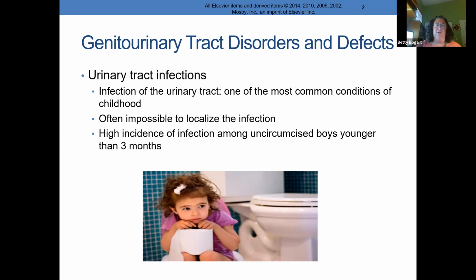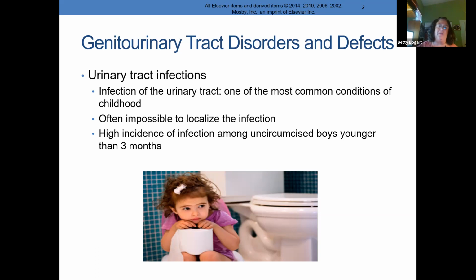This is really due to those toddlers who are trying to get potty trained, which is where we see most of them. You might see a child start to have frequency in urination, or they're burning, like going ow as they urinate. You also might smell the urine, especially in infants.